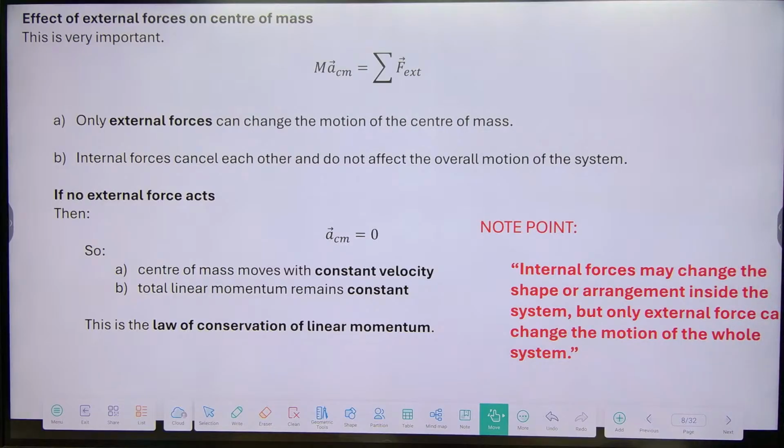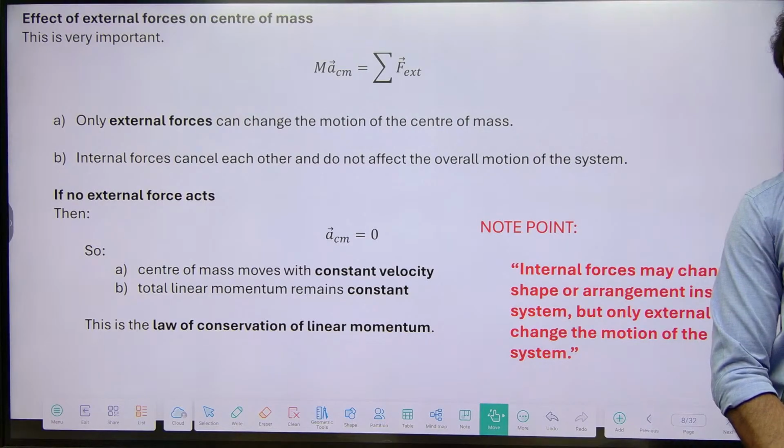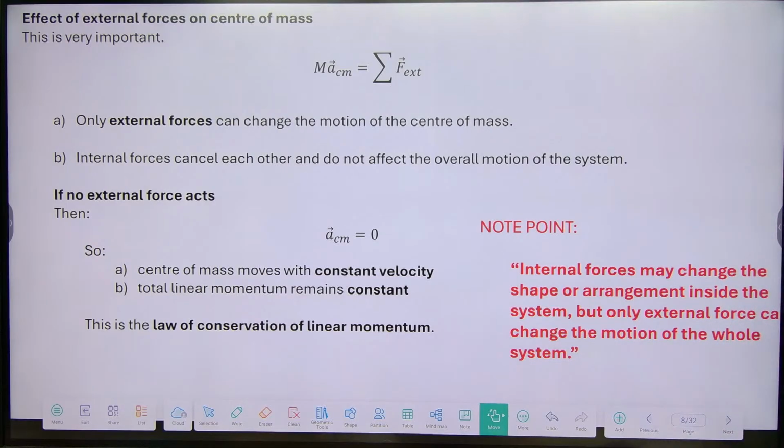Only the external force will help us to change the center of mass. If there is no external force, there won't be any change in the center of mass either, so acceleration will be 0.